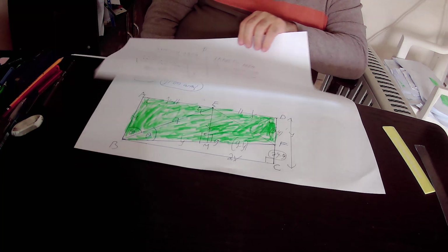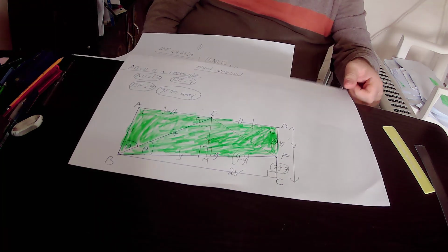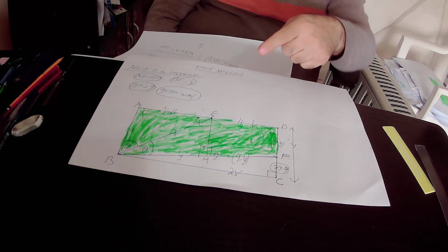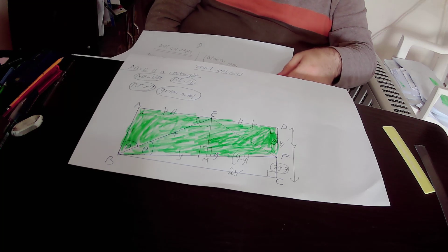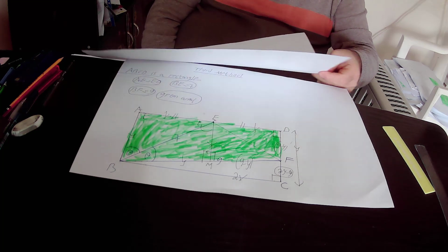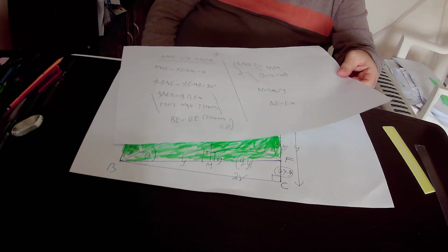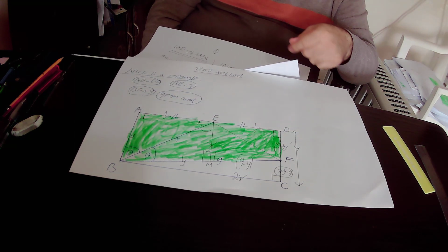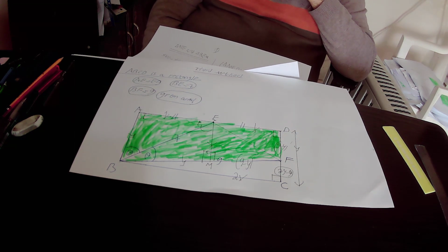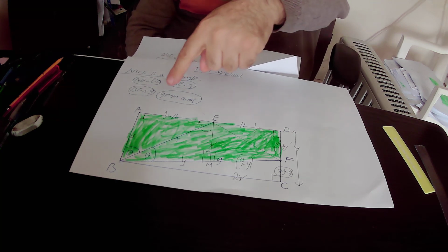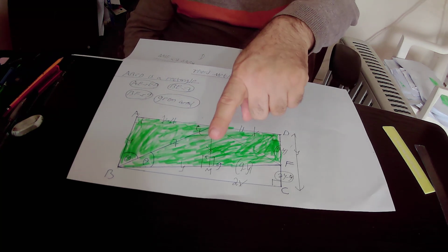And from the fact that those two triangles are congruent, we conclude that AB equals BM, and we also conclude that AE equals EM.